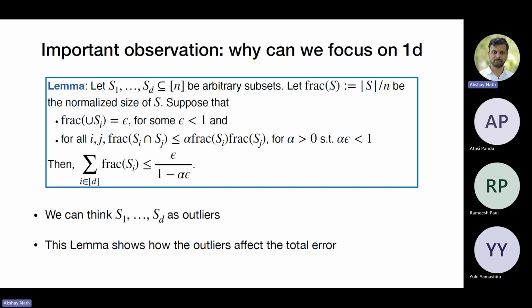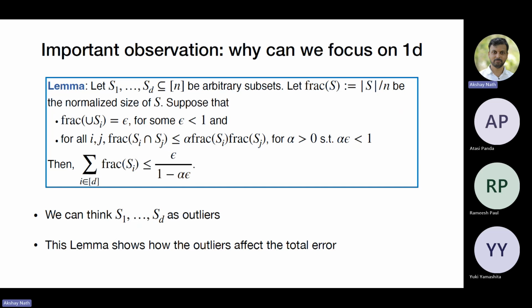We can think of S_1 to S_d as outliers, the bad points we don't want. We use this lemma to bound the total effect of outliers in each direction. When we do the 1D updates, it gives us an error from the fraction S_i, so the total error is the sum of these.